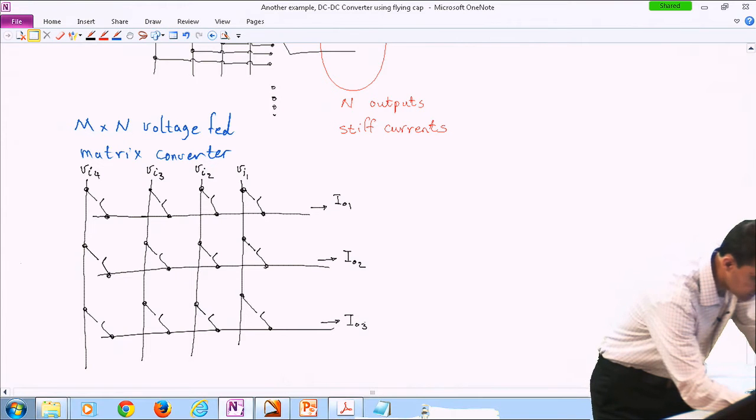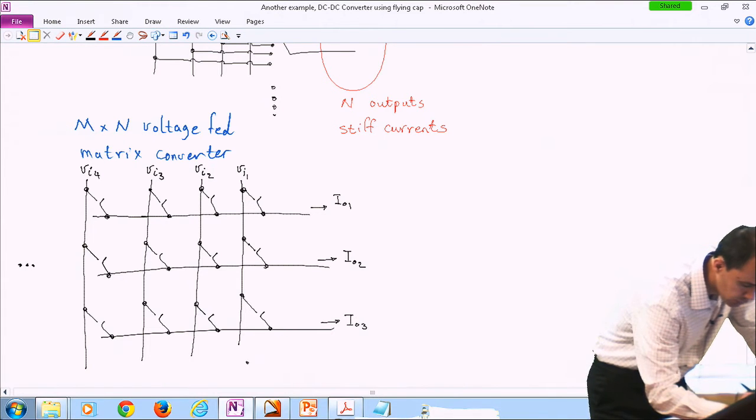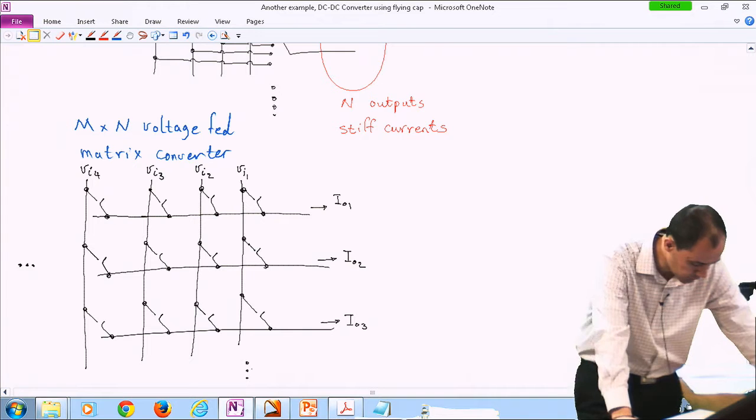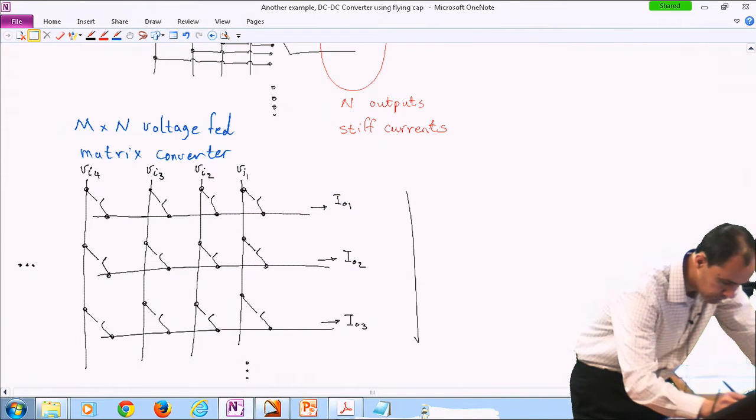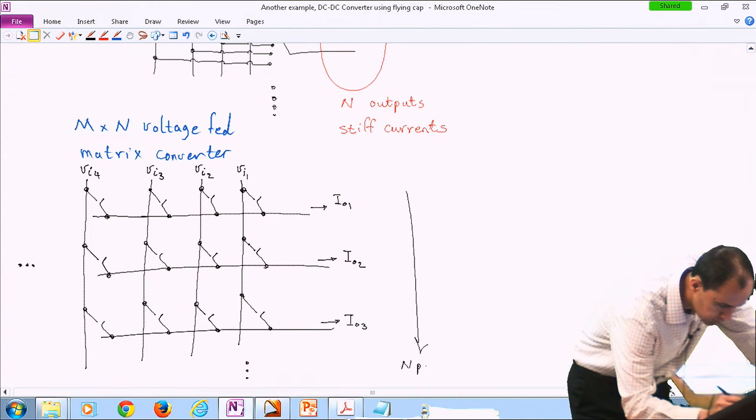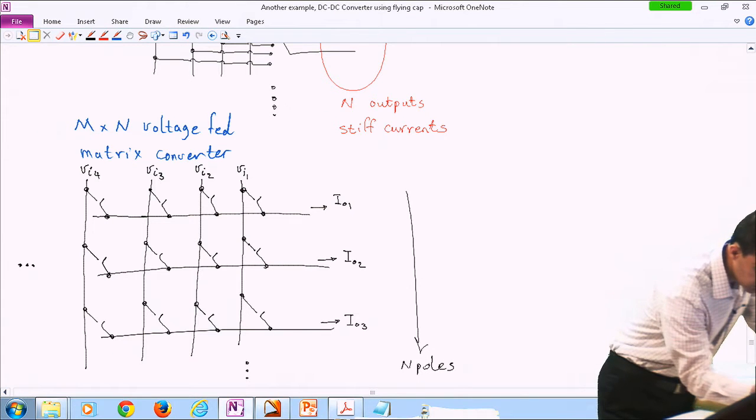Obviously you can extend the number of your inputs or outputs. So you have N poles here and M throws here.